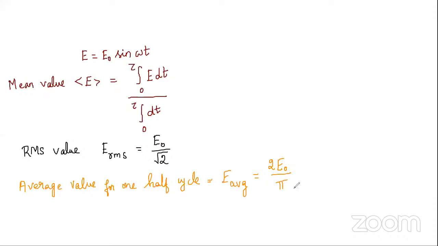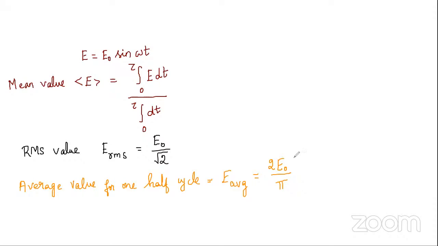So likewise, you can find out the mean value, RMS value, or average value for any alternating current, and we will now be discussing the RMS values for different AC signals.